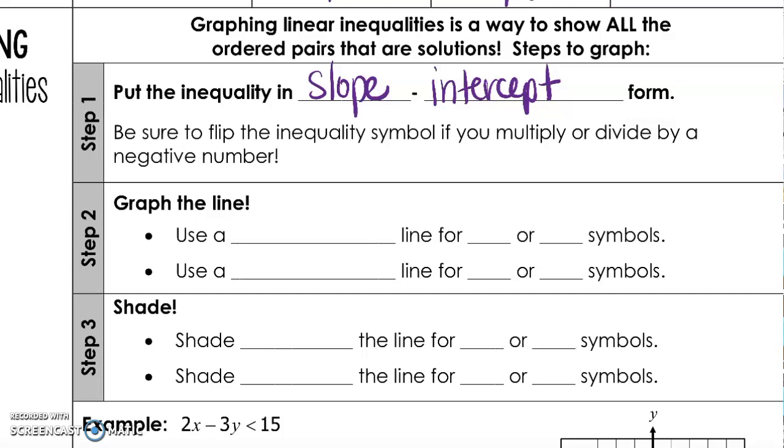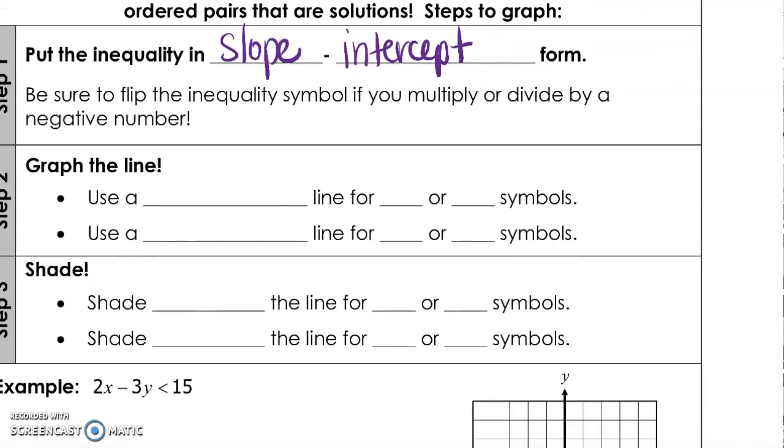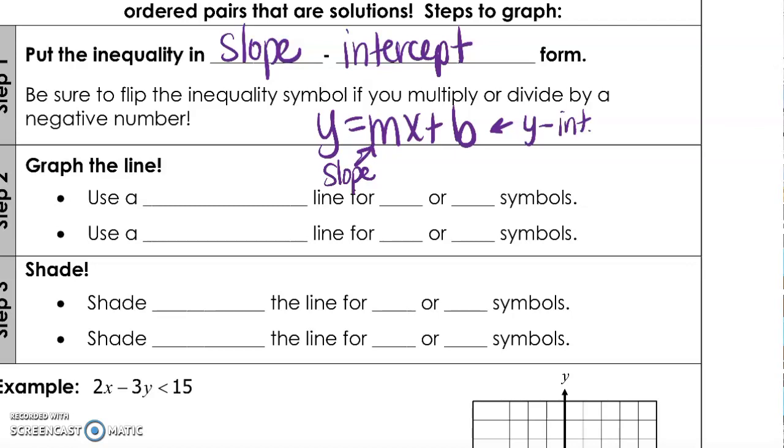So it's up to you if you want to do that or not. Remember, slope-intercept form is y equals mx plus b. B is your y-intercept. That's where you start by going up or down, and then you count rise over run for your slope, your m value. So the only difference is you'll have an inequality sign rather than an equal sign.